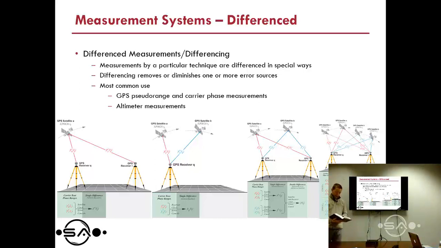By doing that, selective availability provides some high frequency variations into the signal in order to mess with the clock. Since it's satellite dependent, if we have two different satellites and one receiver, we might see it a little bit different, but we'll still see the same trend. If it's two receivers and one satellite, we're really going to see the trend.